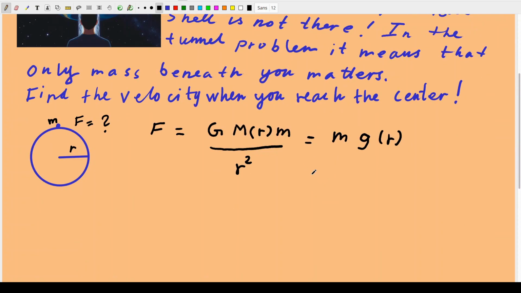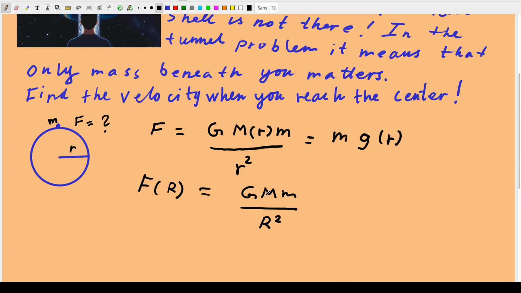In the case where we are standing at the surface of the Earth, there is another force, and that is then G M m over R squared.